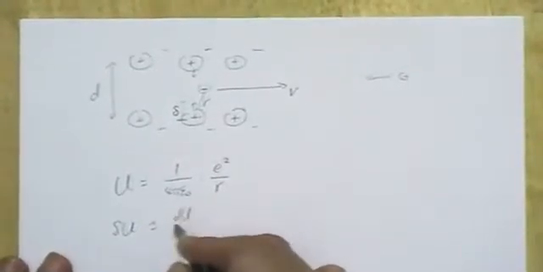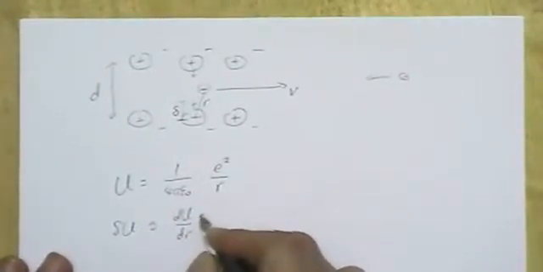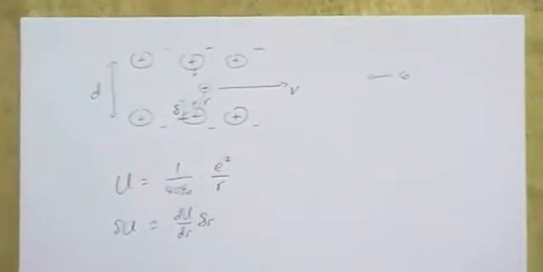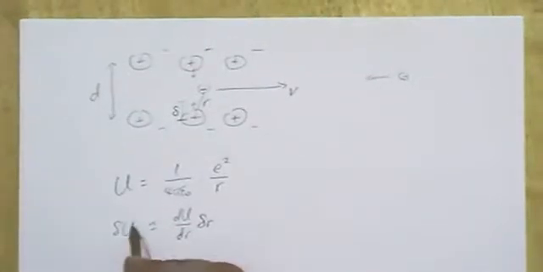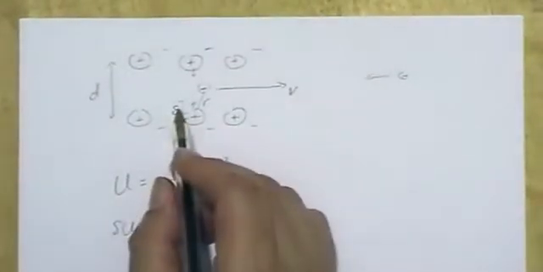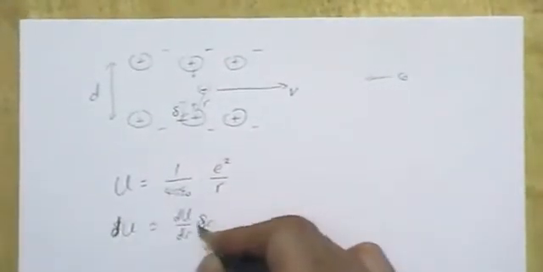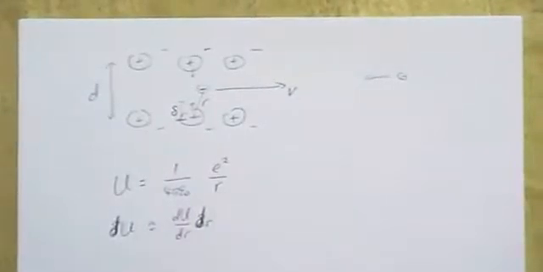Now to find the change in the potential, we shall use the small change approximation, which is given by du by dr times delta r. Okay, right, I can see that this delta is going to be confused with that. So let me just call it the normal d. Okay, the normal d.